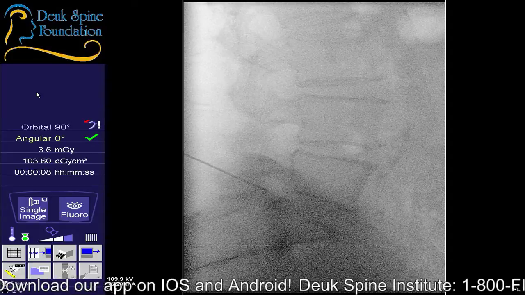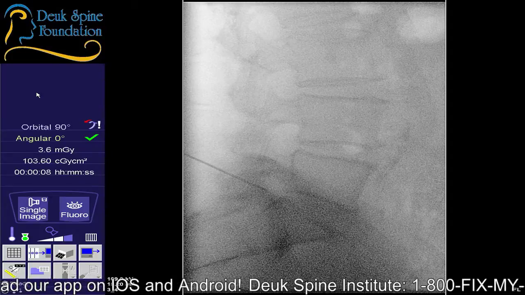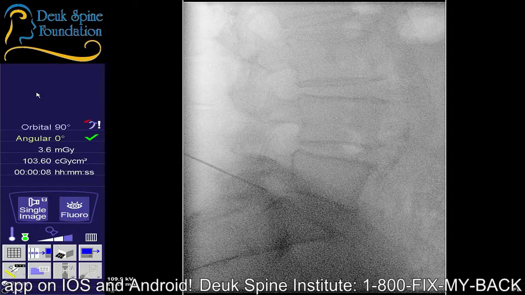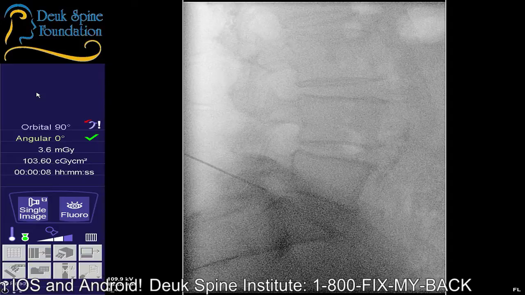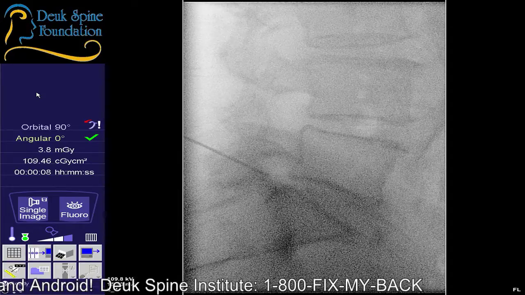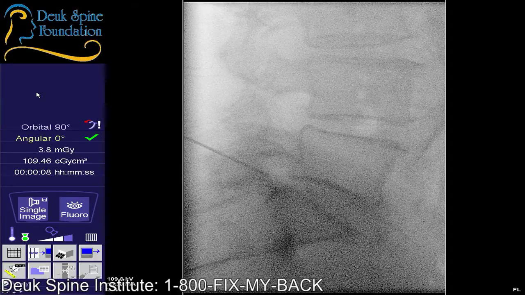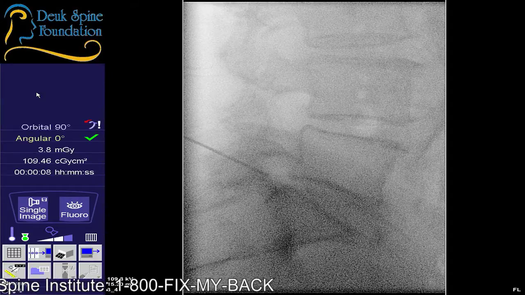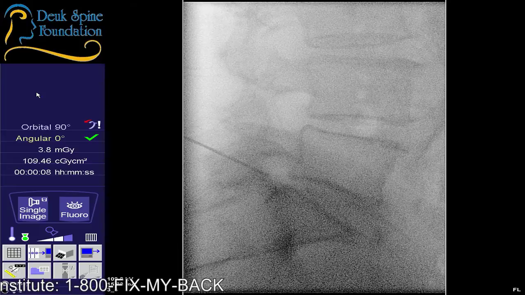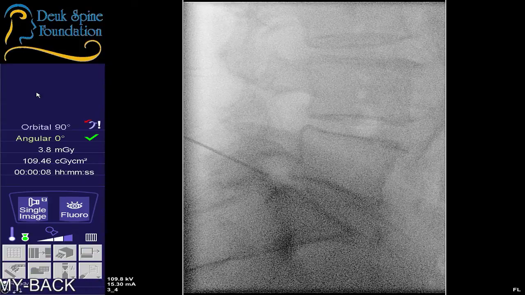X-ray allows us to go to the right place in the spine because we use the bones to navigate. The bones are fixed, hard structures that don't really change or move. And what we're fixing usually with spine surgery is a problem between the bones, a disc problem.